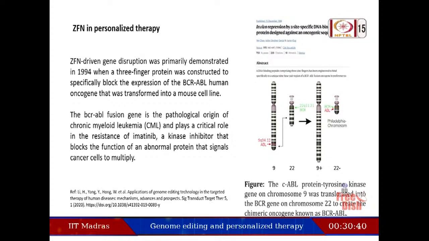So, in this publication by Choo et al., the in vivo preparation by a site-specific DNA binding protein designed against an oncogene sequence was published in the journal Nature in 1994, and you can see here the C-ABL protein tyrosine kinase gene on chromosome 9 was translocated into the BCR gene on chromosome 22 to create a chimeric oncogene known as BCR-ABL.